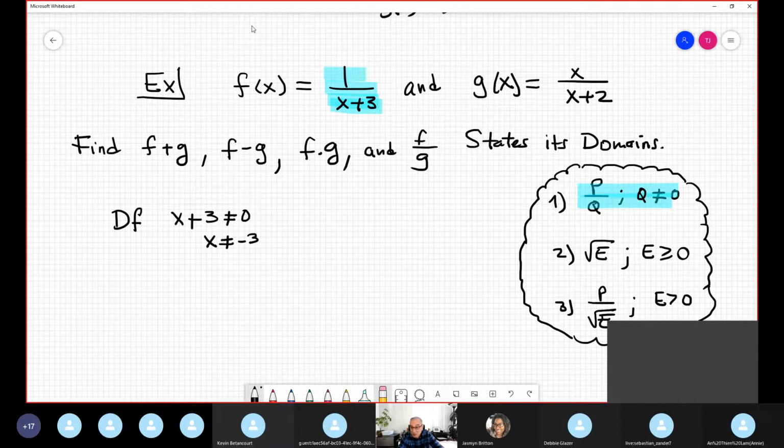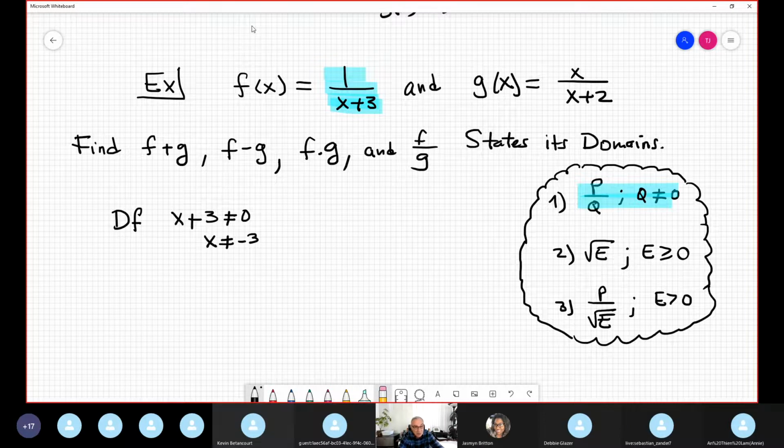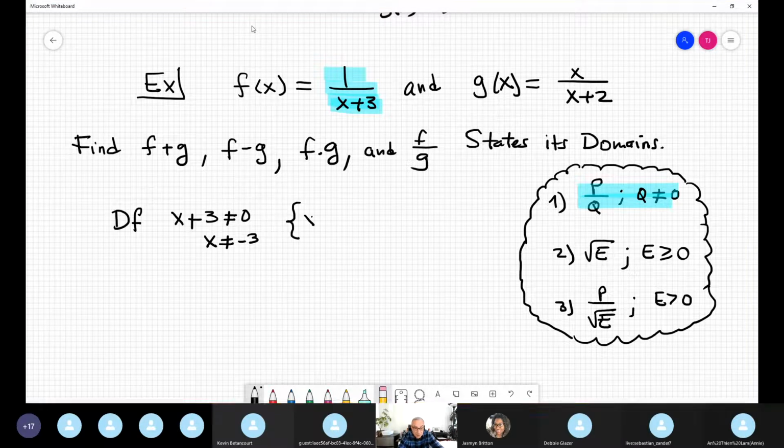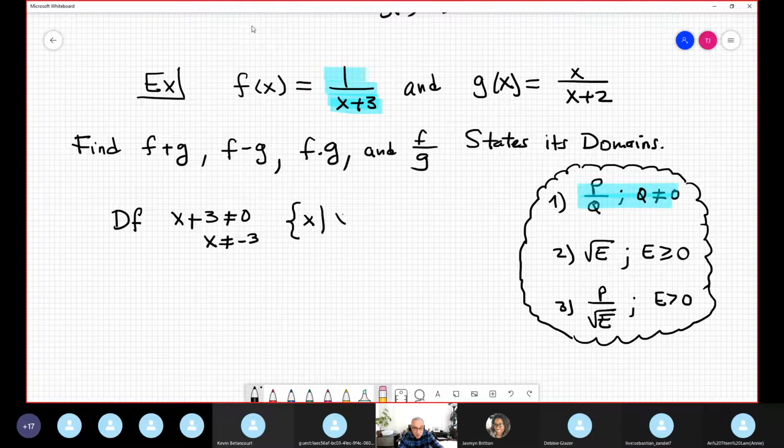Pay attention to this lecture. The domain you can represent like that: the x values such that x is not negative 3. This is one way to represent it using set builder notation.